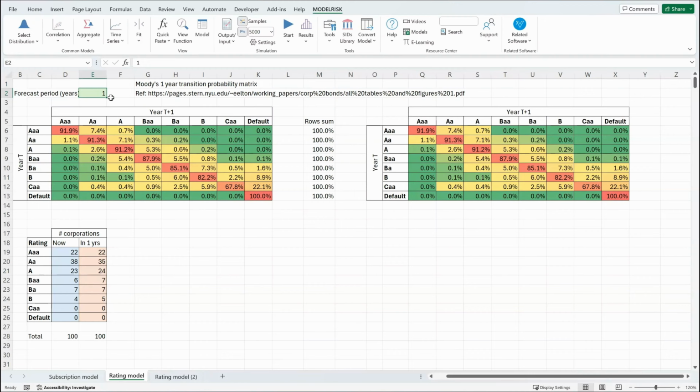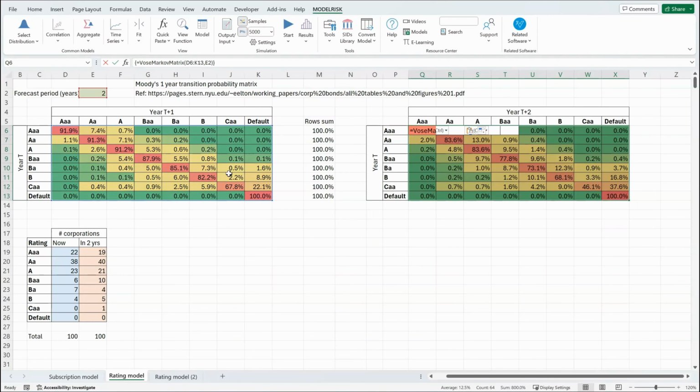So in this cell, I'm going to enter the value 2. And under the assumption that the basic system is behaving in the same way from one year to the next, this function calculates the probability of transition over a 2-year period.